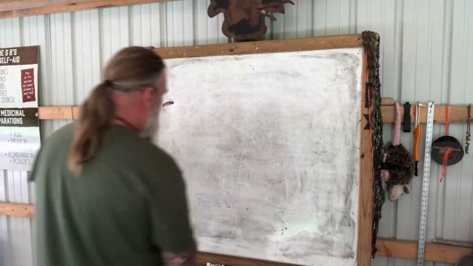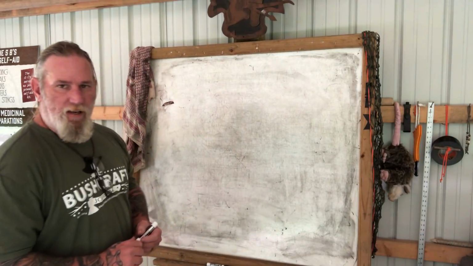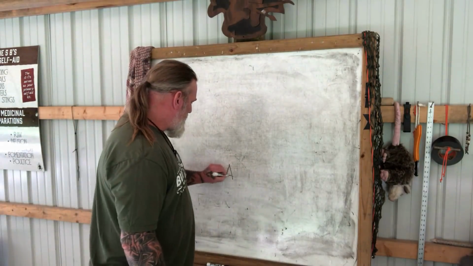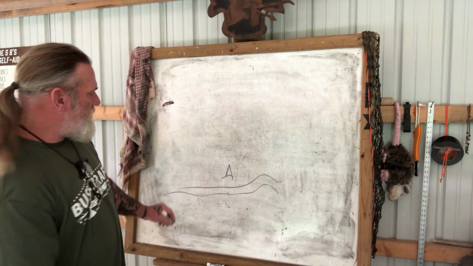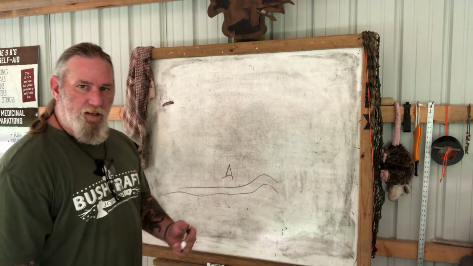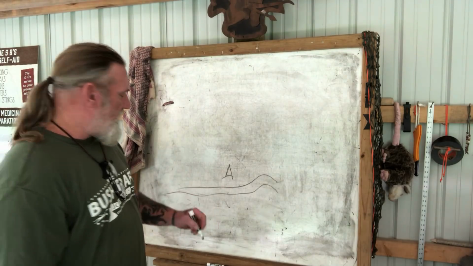The other way that we can use this, if we are trying to navigate from a camp, say our camp is here, and we are camped along a linear feature, because we understand that aiming off and things like that will help us to stay found.